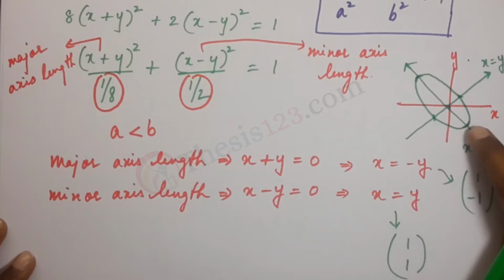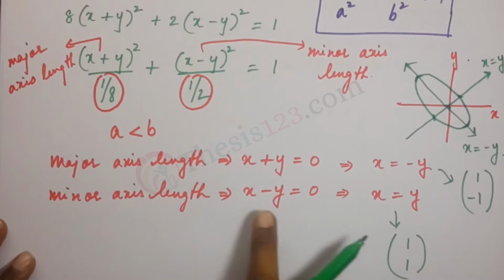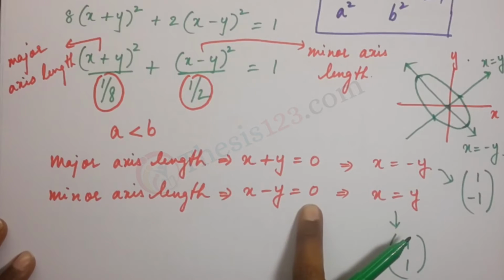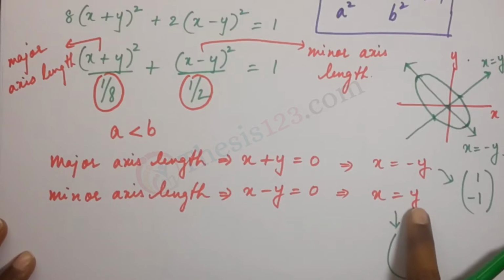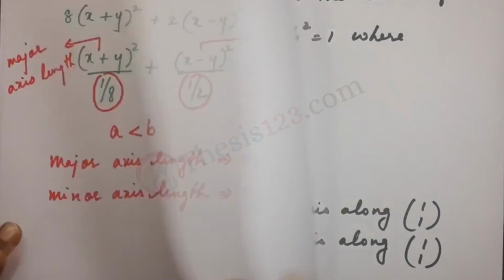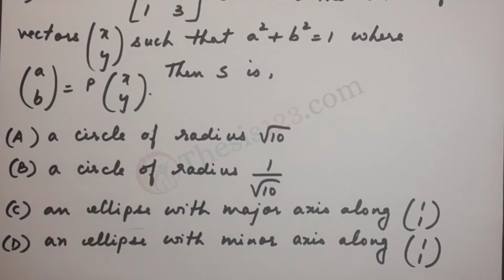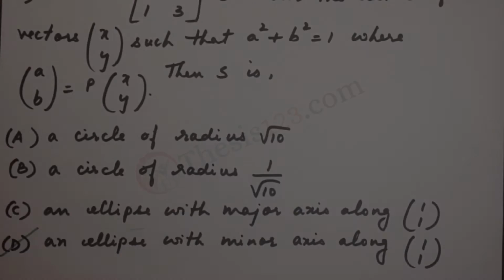It means that the ellipse's minor axis lies along x − y = 0, which gives us x = y, and x and y are positive values. So that's our final answer here. Let me just write. So the final answer is D, an ellipse with a minor axis along (1, 1). I hope this has helped.